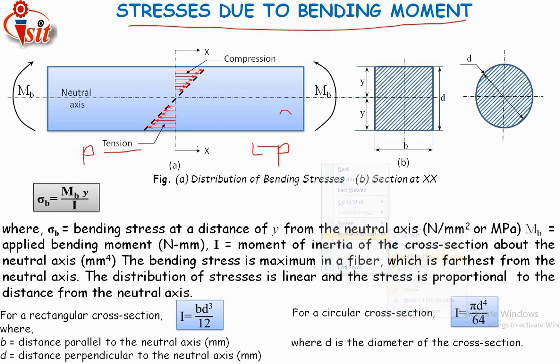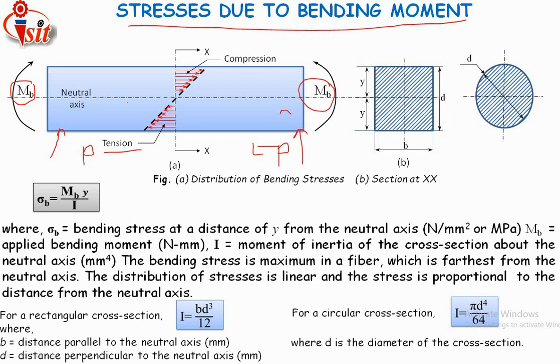Now this is the shaft, and this is the force P which is acting here. Due to this there is an induction of bending moment in the upward direction. This is the neutral axis where there is no stress.